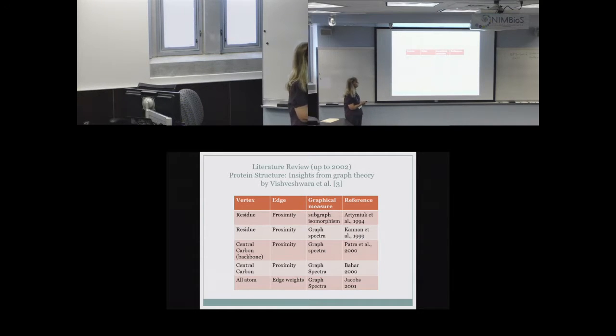And usually we're talking about the 3D structure and the proximity of these different parts of the protein. But if we look at the graphical measure up to 2002, the most popular was algebraic graph theory. So what's a residue? Yeah, we're going to get to that. A residue is the part of the amino acid, and a protein is made up of amino acids.